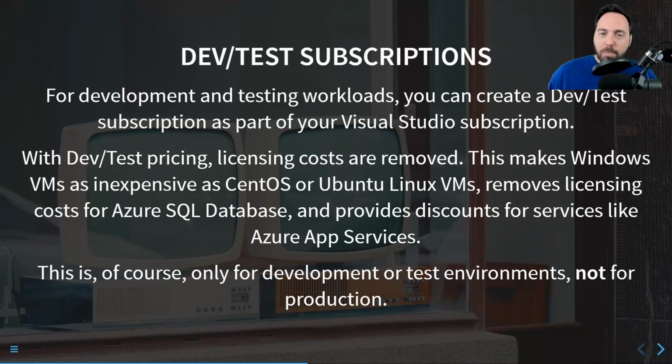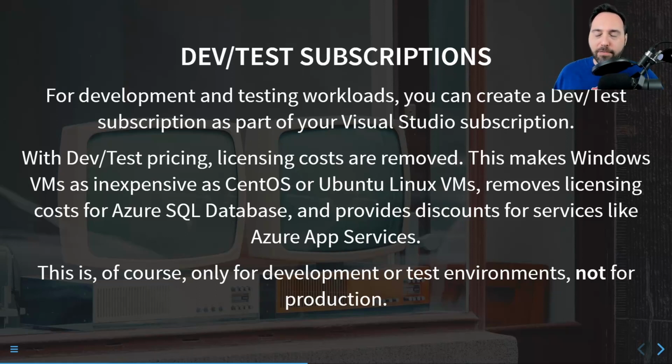And that means when you spin up a Windows VM, if you don't have hybrid benefit, you are paying for that Windows license and for the virtual machine compute and for the networking and storage and so on. If you have an Ubuntu Linux VM or a CentOS VM, you're not paying for licensing, so it is a cheaper VM.